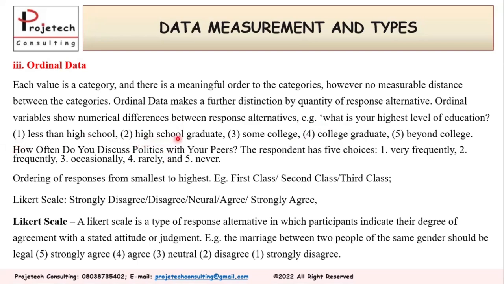Then the other one is high school graduates, some college graduates, beyond college. So these are responses that have categories, unlike the male and the female that we have in nominal. But this one, there is inherent order. If you look at your Likert scale, strongly disagree, disagree, neutral, agree, and strongly agree. This is also an ordinal data that has inherent order.